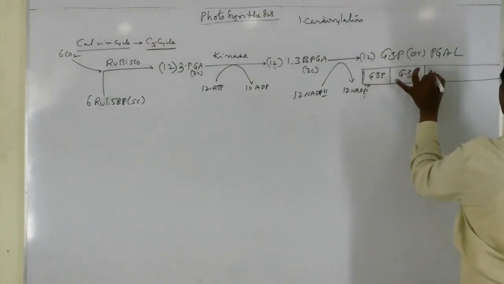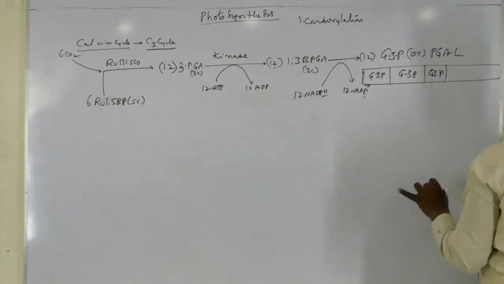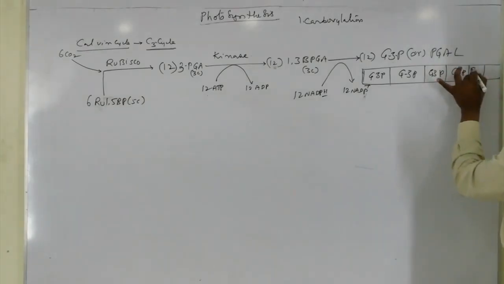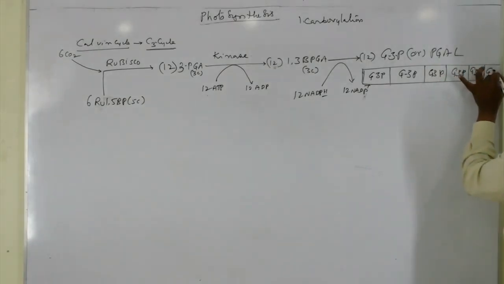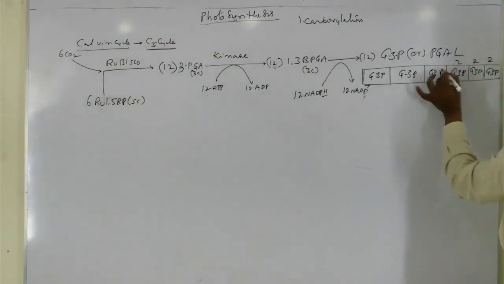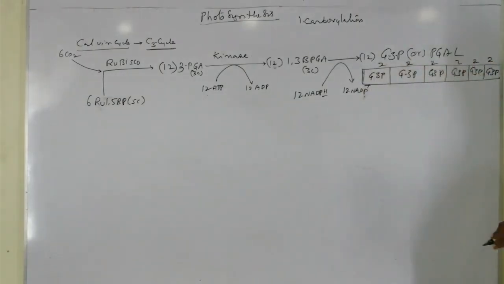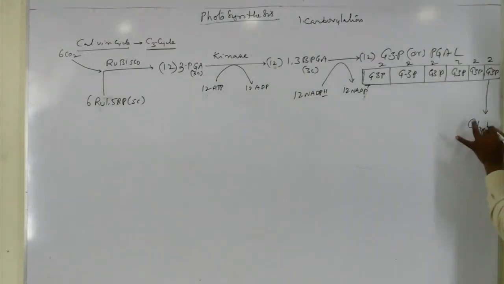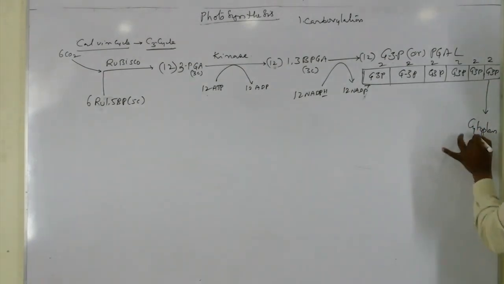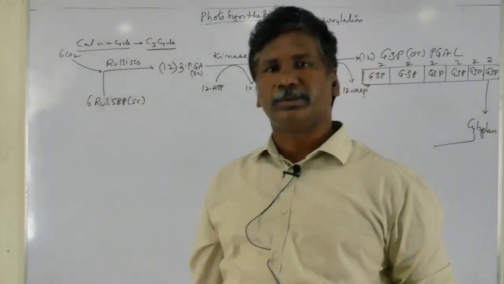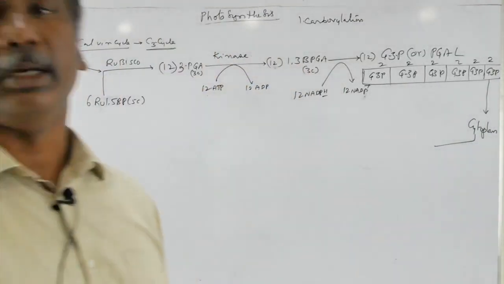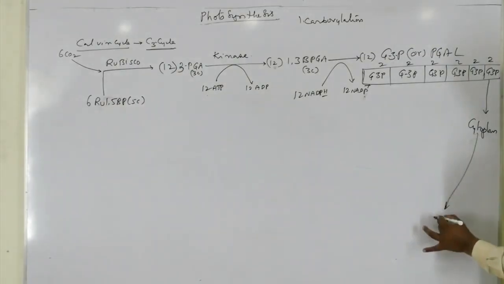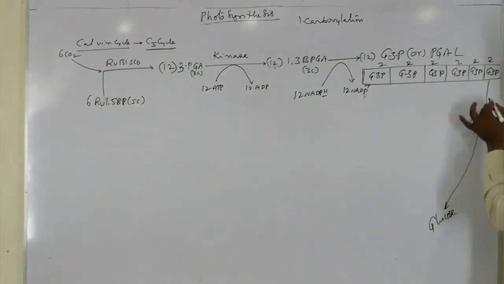For our convenience, we divide it as 6 into 2. The 12 molecules of G3P form groups of 2 molecules each. Those 2 G3P molecules enter into the cytoplasm and produce glucose.